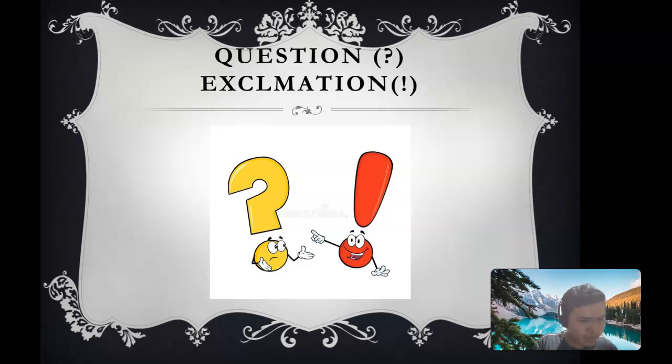Question and exclamation marks are used to note interrogative and exclamatory sentences. Neither of these punctuation marks is commonly used in academic writing, because in general a writer should not be shouting at the reader in formal writing.